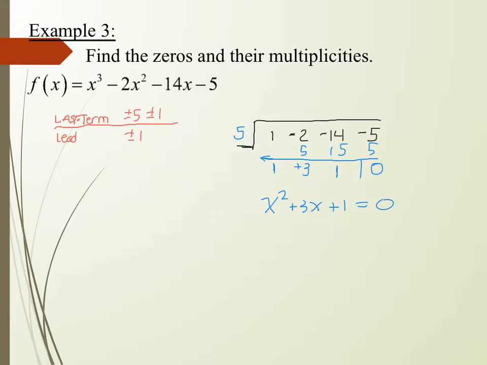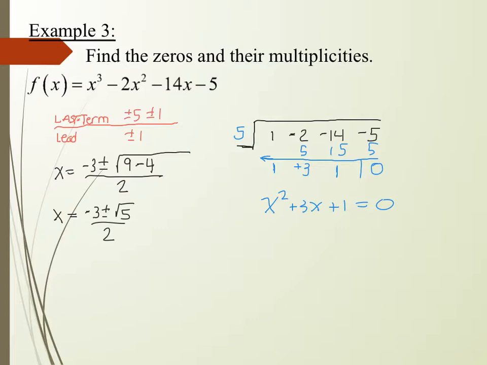And so what I do is I say, okay, x is equal to a minus 3 plus or minus the square root of 9 minus 4ac. In this case, it's just 4 divided by 2, right? So x is equal to minus 3 plus or minus the square root of 5 over 2. So there's our roots.